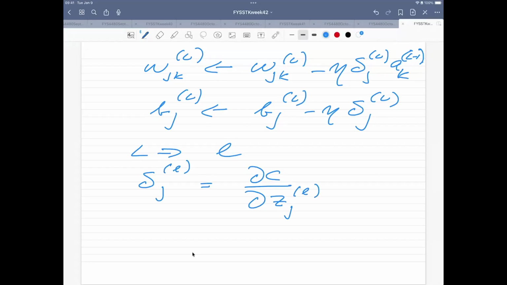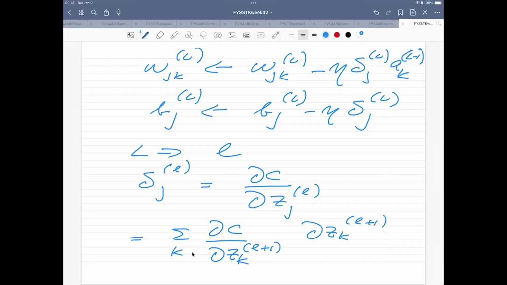Now I can use the chain rule and rewrite that as a sum over all the derivatives from the next layer. So this is now going to be given, if we use the chain rule, by dC/dz_k of L plus 1 times dz_k of L plus 1 with respect to the value at node j in layer L. So what you can think of now is that L plus 1 is equal to your output layer.